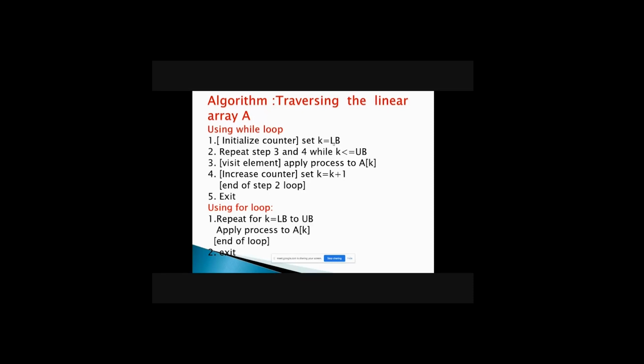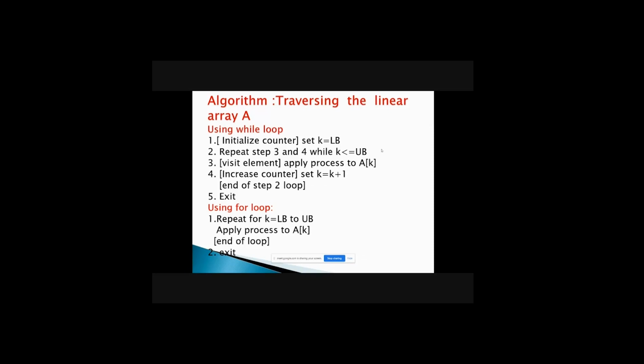Now repeat steps 3 and 4 as long as k is less than or equal to the upper bound. Your k is the counter, whose range will be between the lower bound and the upper bound. The lower bound gives you the first element in an array and the upper bound gives you the last element in the array. So start from k equal to the lower bound, visit each element, and apply the process to A[k]. What is k here? The first time, k will be the lower bound.